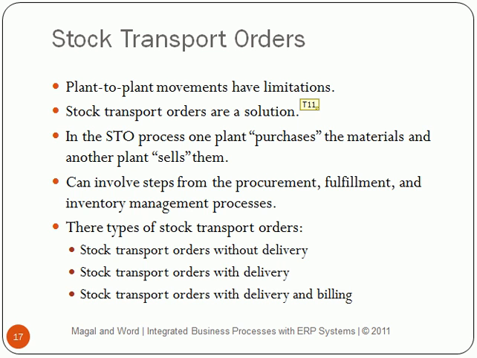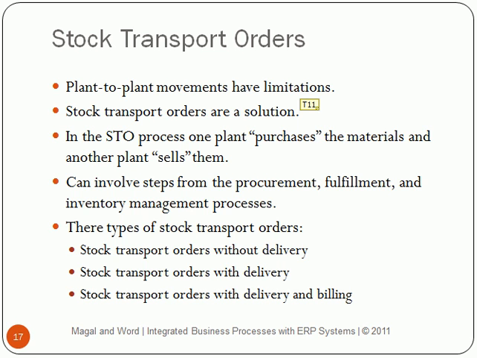So to be able to do that, instead of just handling the transfer, we have to create a stock transport order. And it's the same as selling. You are selling the product or the material from one plant to the other, or from one company code to another. Of course, we would never have stock transport orders within the same plant.